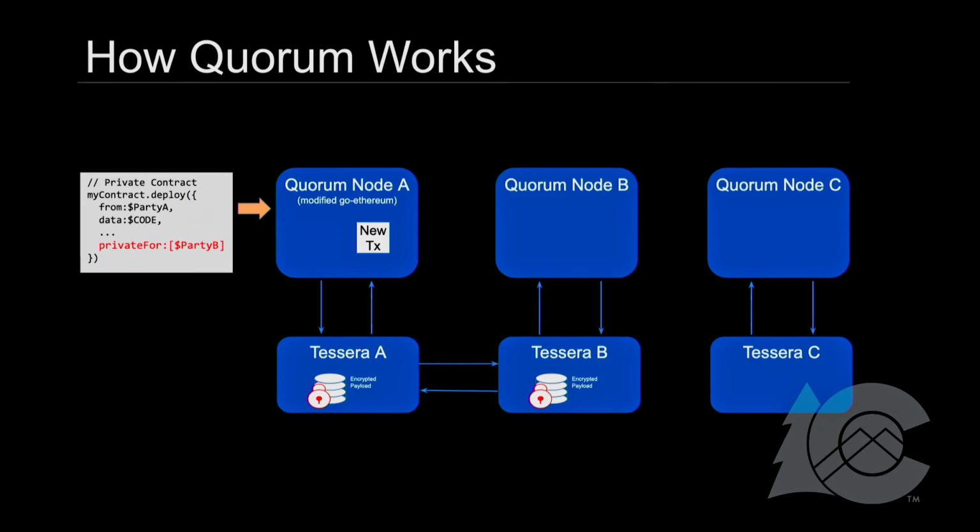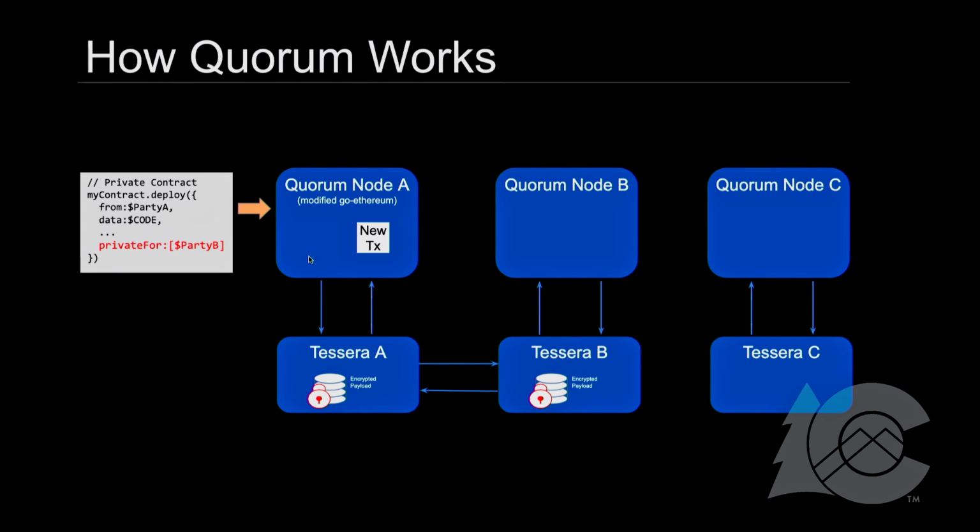So once the original node receives the acknowledgements from all the participants, it will take the original transaction and replace the data with a hash of this encrypted payload, and then send the new transaction back to the Quorum node. So basically none of the original data is there and visible on the chain. There's just a hash for the private participants to know what happened.